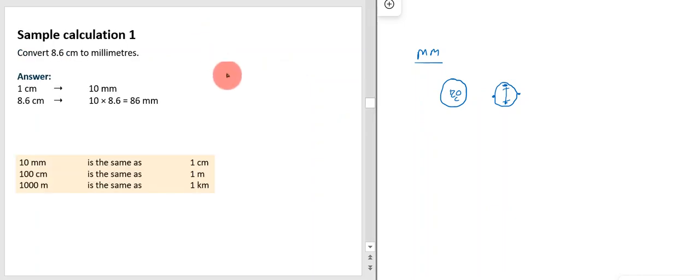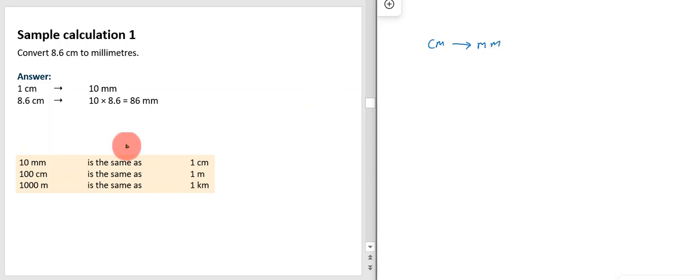Now, like what I mentioned earlier, what's really important in relation to length is that you're able to move between the different units. You're able to comfortably convert between the units. So this is an example calculation. What you're asked to do here is convert 8.6 centimeters to millimeters. So you're going from centimeters to millimeters.